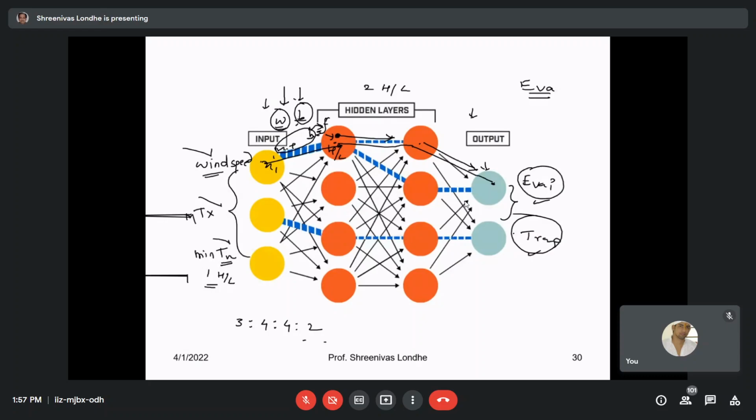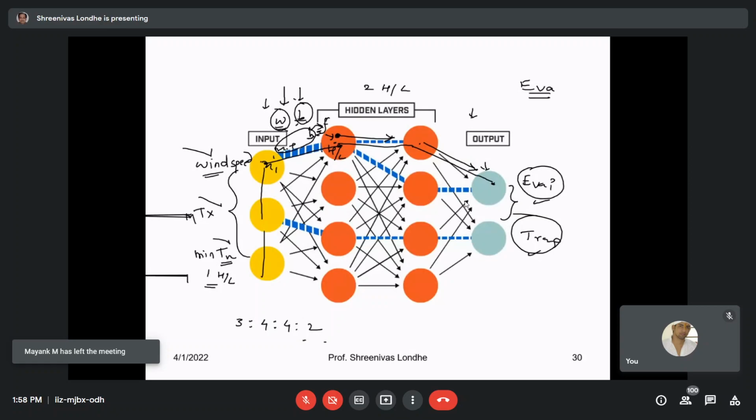We are not providing any equation or any hard numerical method. But we have provided this data. Now this data will be processed through these hidden layers. 4 neurons you are observing, and the connection of the weights. Weights and biases are very important parameters which store the information and help the information processing system also. And then we receive a particular answer here.